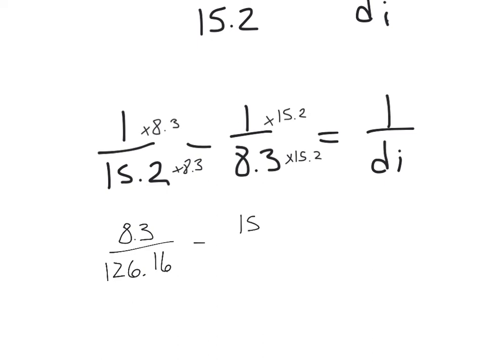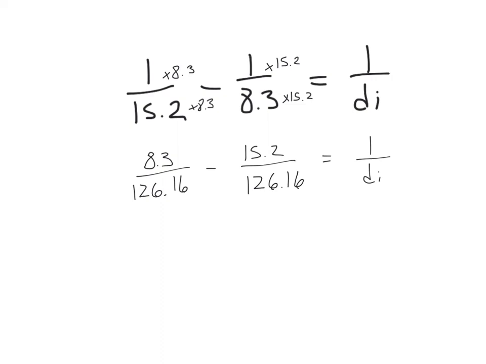And we have 15.2 over 126.16 to 1 over di. So 8.3 minus 15.2 is negative 6.9 over 126.16 is equal to 1 over di.